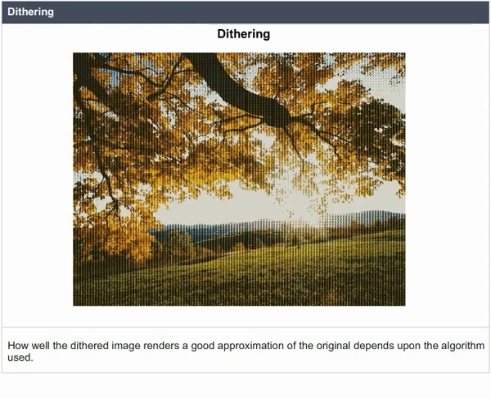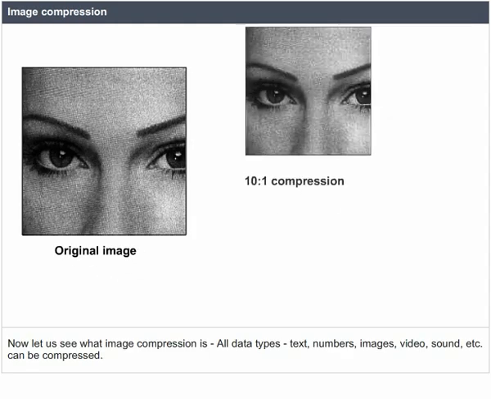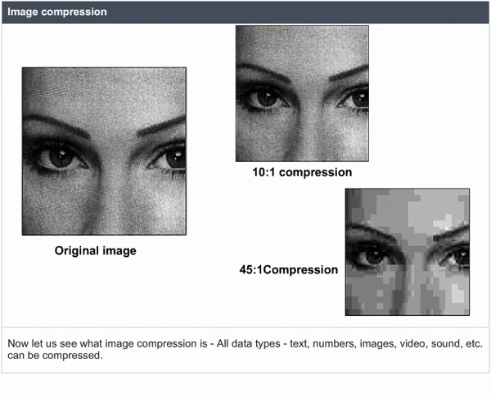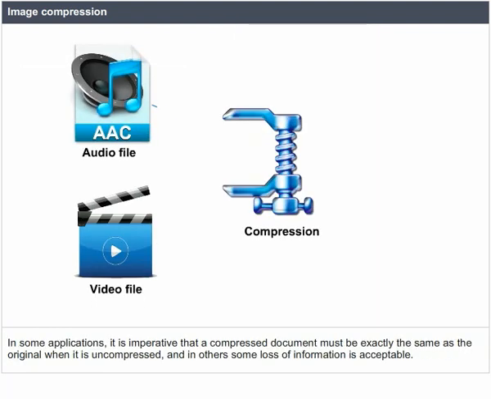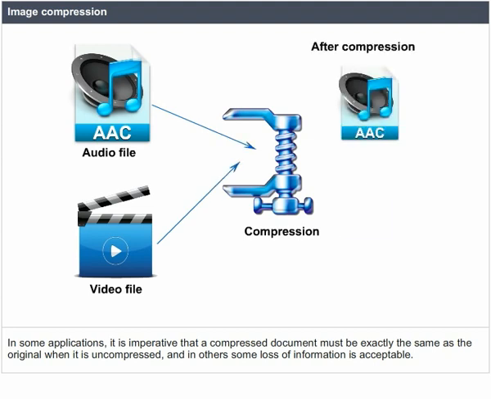Image compression. Now let us see what image compression is. All data types, text, numbers, images, video, sound, etc. can be compressed. In some applications, it is imperative that a compressed document must be exactly the same as the original when it is uncompressed, and in others, some loss of information is acceptable.